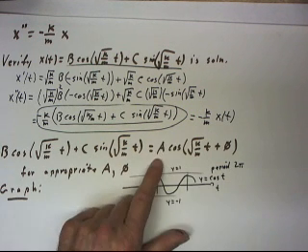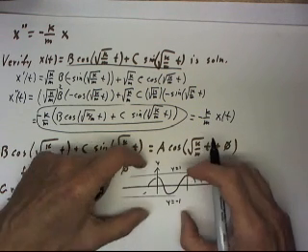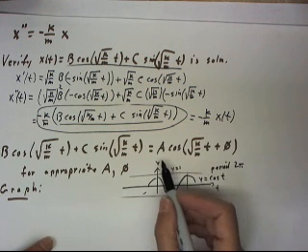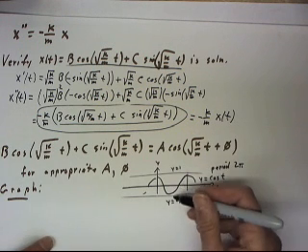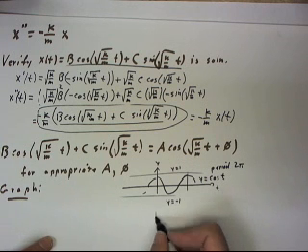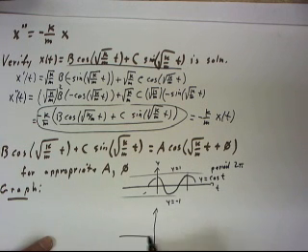Now, if we put an a out here in front, this increases the values of y accordingly. Instead of running from negative 1 to 1, the values of y are going to run from negative a to a.